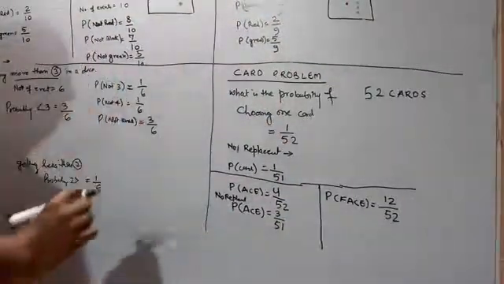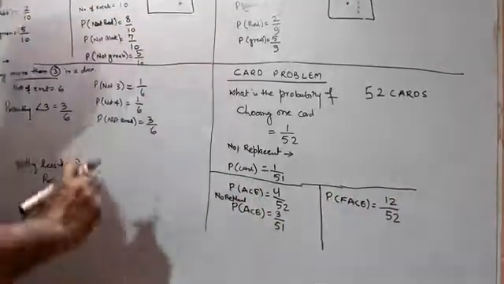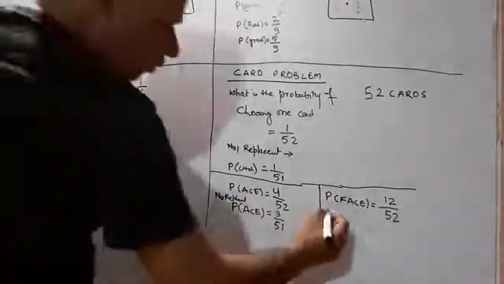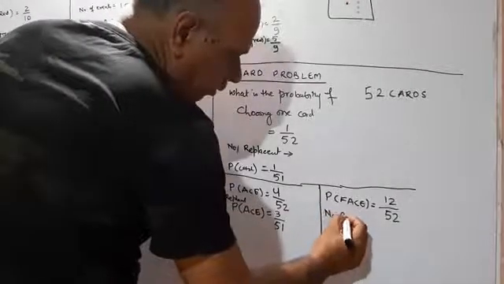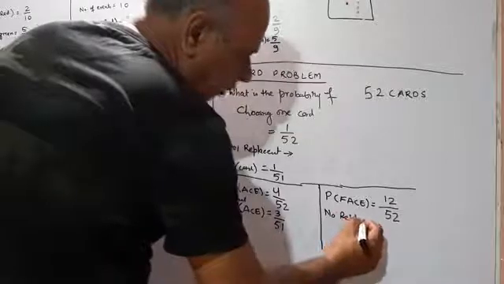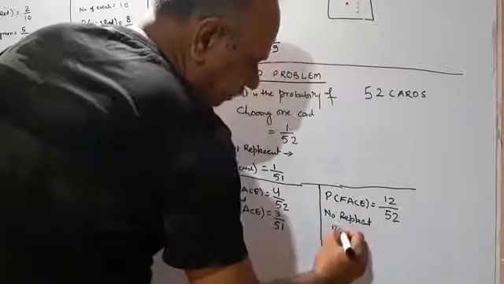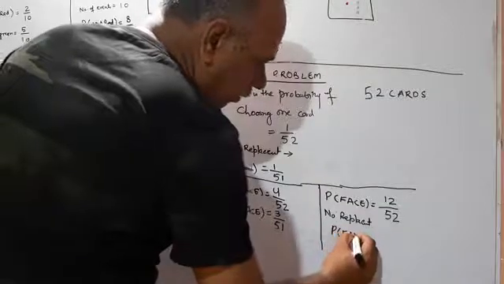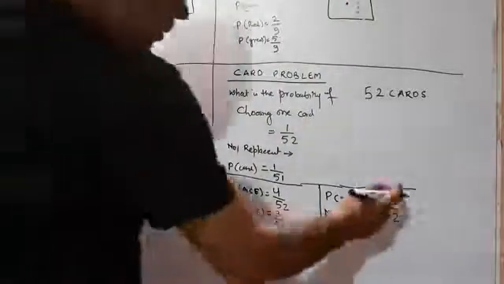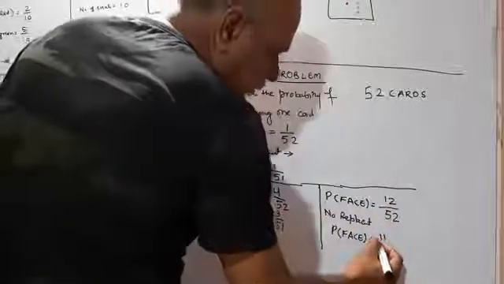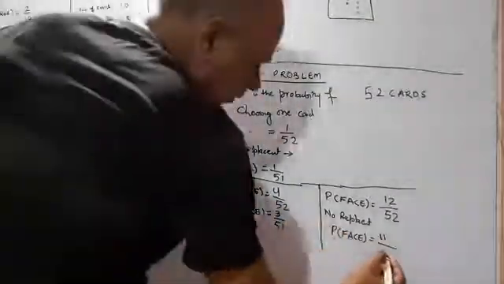Now, once you have chosen a face card, what will be the probability of getting another face card? Here you are not replacing, no replacement. In case of no replacement, out of 12 cards, one card will be taken out and 11 cards will remain. The total number of cards will also get down to 51.